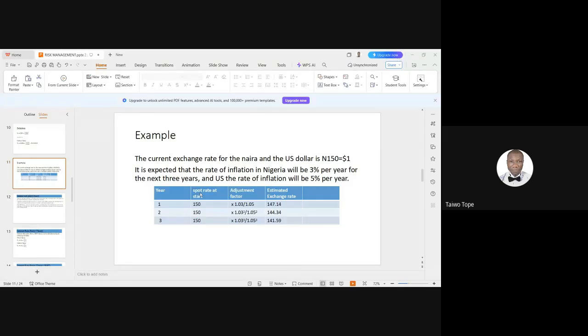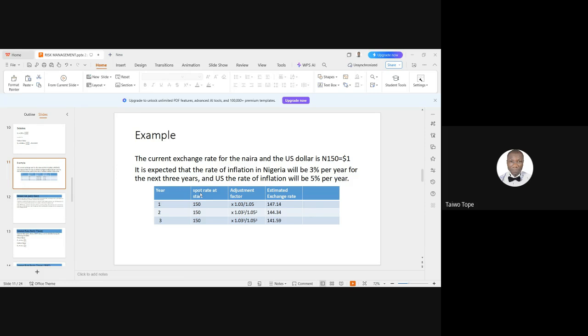Forward contracts are agreements to deliver foreign exchange at a future date at an exchange rate agreed upon today. It means when you have a plan to buy something in future, let's say in 3 months' time, you can enter into a contract today.